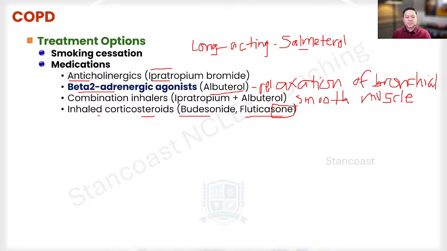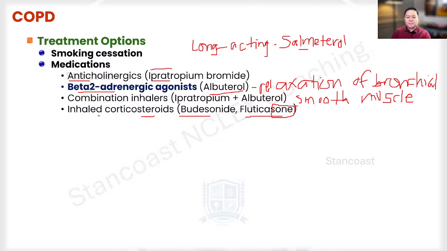So what is the purpose of the inhaled corticosteroids? They are going to cause anti-inflammation. Okay, so this is to prevent the inflammatory process inside the lungs, the airways, the alveoli, and this is going to be used with the long-acting bronchodilators, such as the salmeterol. Okay, and this is going to be used for those patients that may have severe symptoms or, let's say, frequent exacerbations. All right.